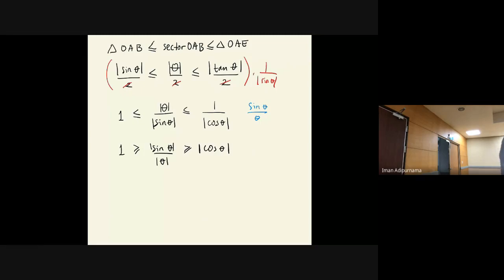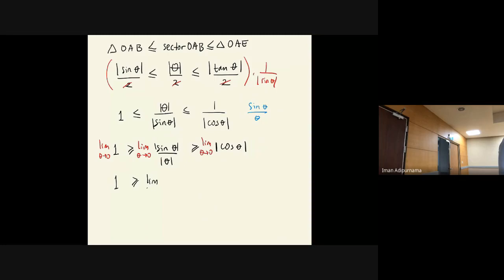And then we're just using our limit. Limit as theta gets closer to 0: this is just 1, it's a constant.